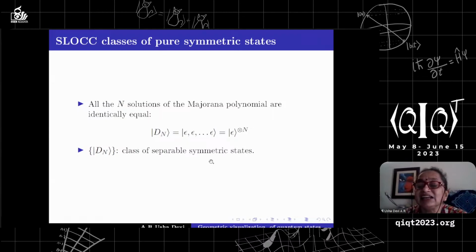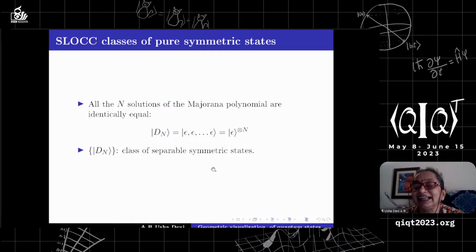So we do get information about entanglement in a pure symmetric state by looking at the Majorana geometrical representation. If all the states overlap, or a single point is repeated n times on the Bloch sphere, that is a separable state. But if you find any 2 distinct spinors, it is going to be an entangled state.